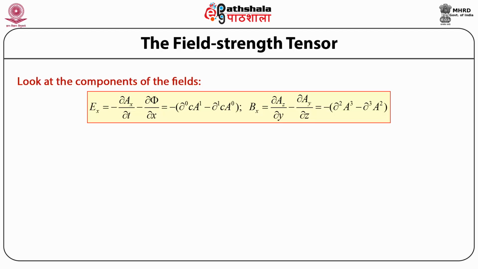Similarly, the x component of the magnetic field induction vector is given by ∂A_z/∂y minus ∂A_y/∂z, where A_z and A_y represent the z and the y components of the vector potential, and this can be written in the tensorial notation as minus of (∂² times A³ minus ∂³ times A²).